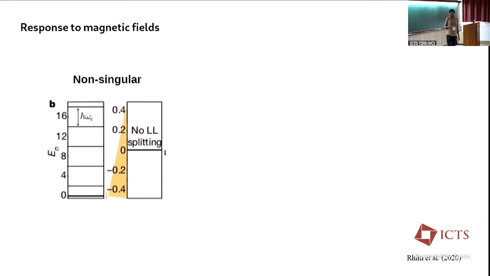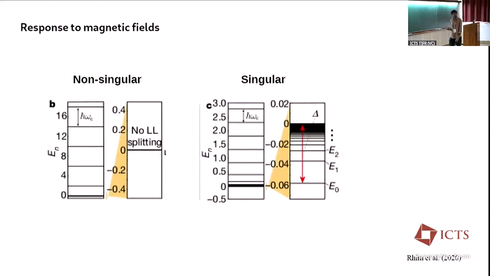But if you do the same calculation for a singular flat band, something more interesting happens that you cannot explain entirely in terms of the dispersion parameters. When I talk about the dispersion parameters, these are the different effective mass components that come from a dispersion. For the non-singular case, the entire Landau level quantization can be understood in terms of those parameters.